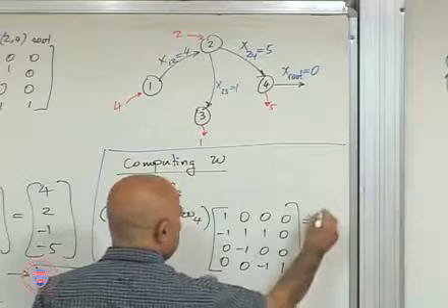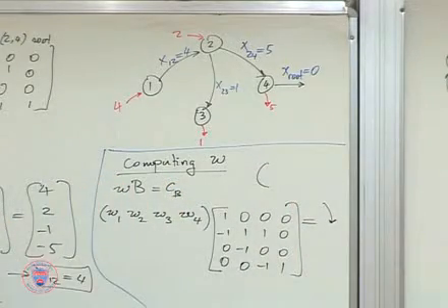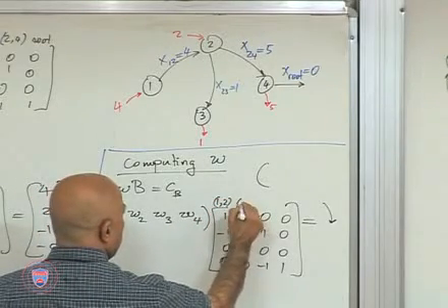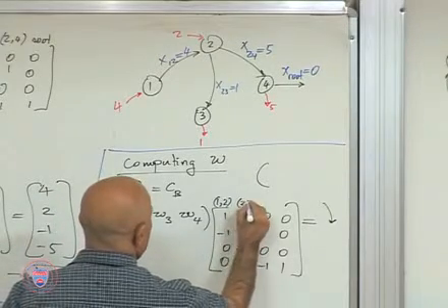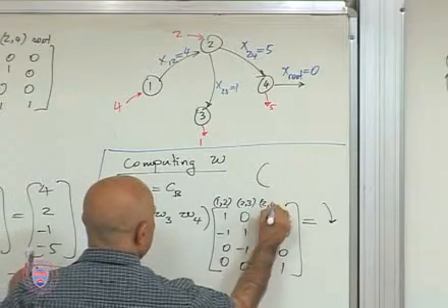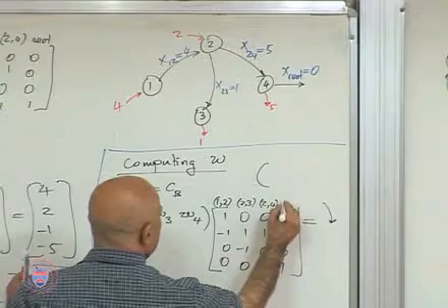I have so little space left here, so I'm going to write it up here. CB has the costs associated with these columns. What are they? 2, 3, 2, 4, and root.